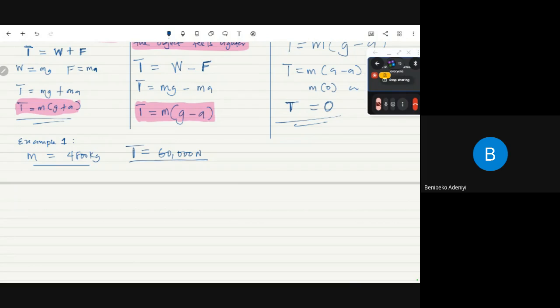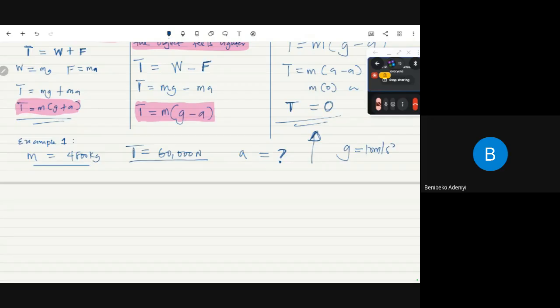The maximum upward acceleration A the elevator can have is, so what can be the highest acceleration? Upward acceleration, don't forget, going up. Take G to be equal to 10 meters per second square.